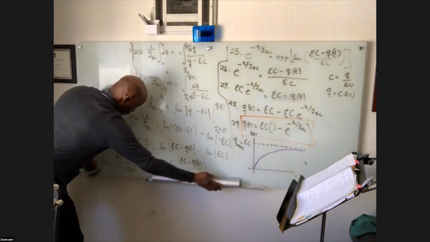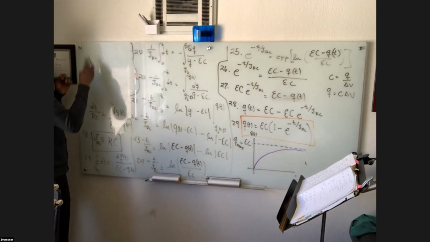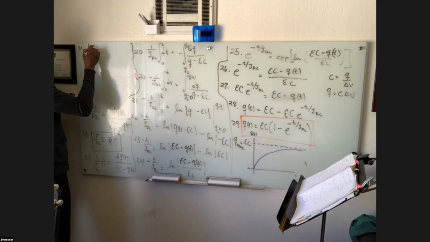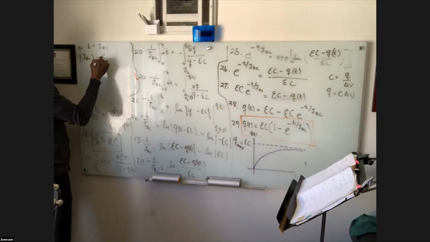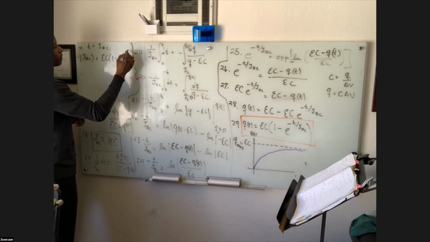At one time constant, for t equal to tau RC, you're going to get that the charge is equal to EC times (1 minus e to the minus 1).